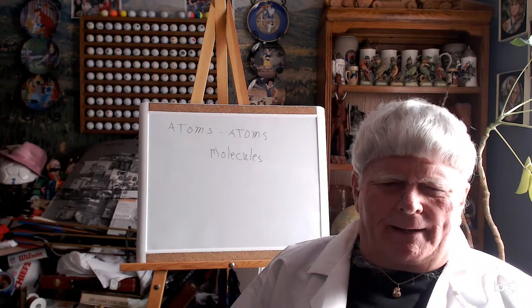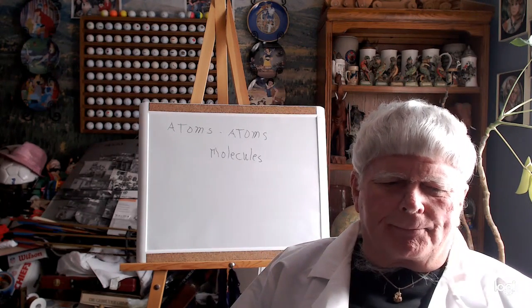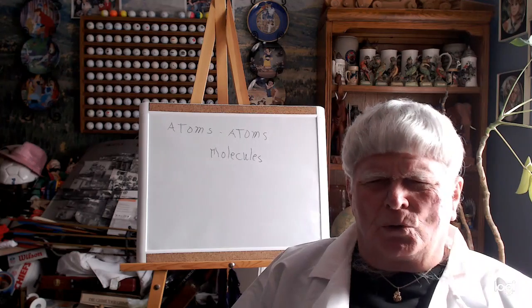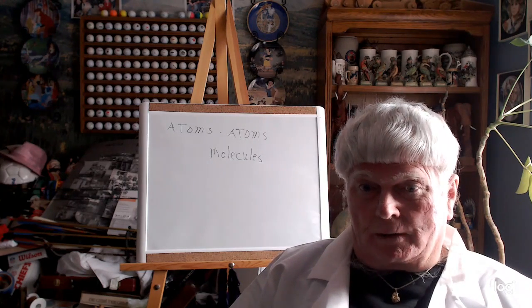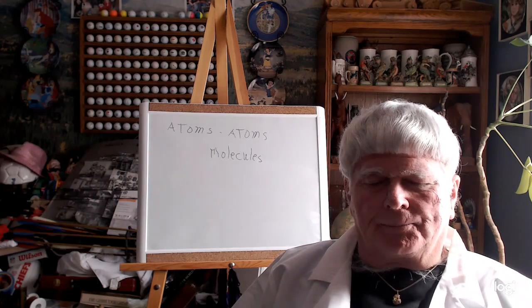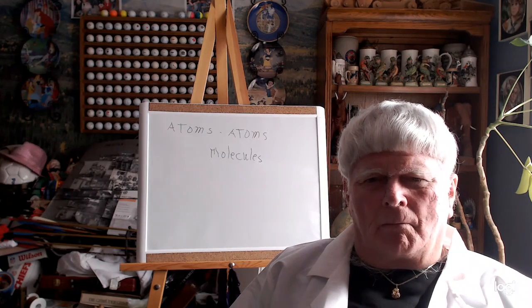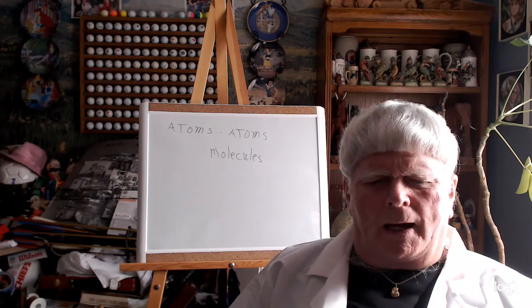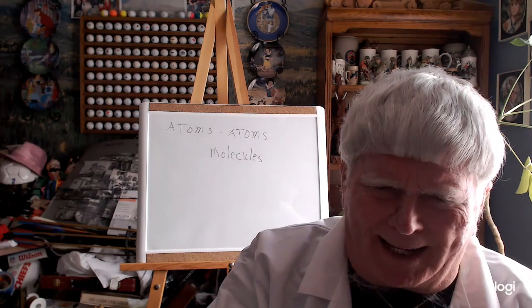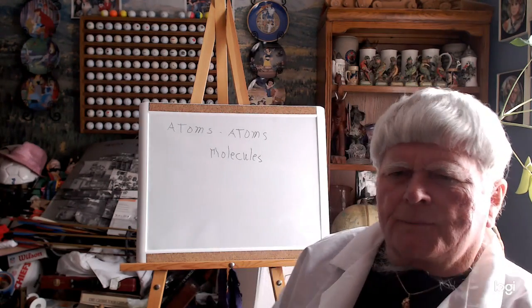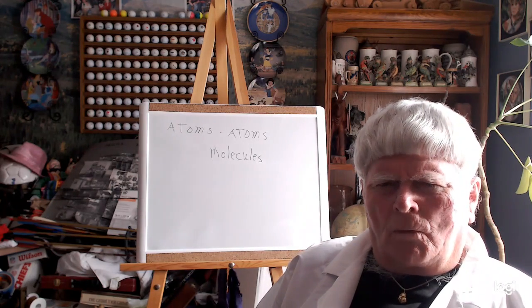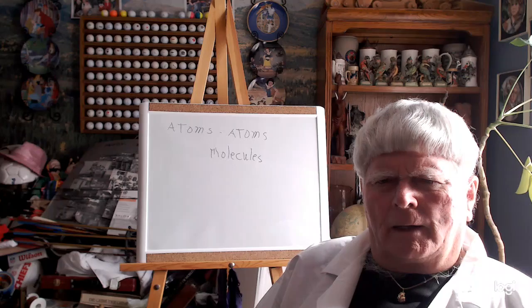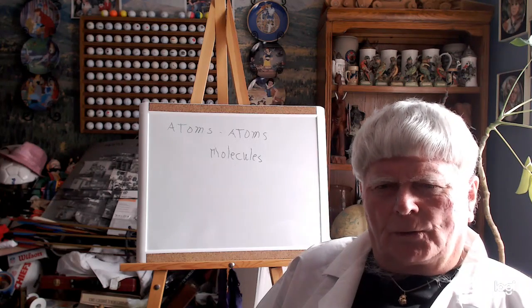Now, water is a really unusual molecule. Fortunately for us, it allows us to exist on this planet. Hydrogen is the lightest of all the elements and has one electron, and in its nucleus has one proton.